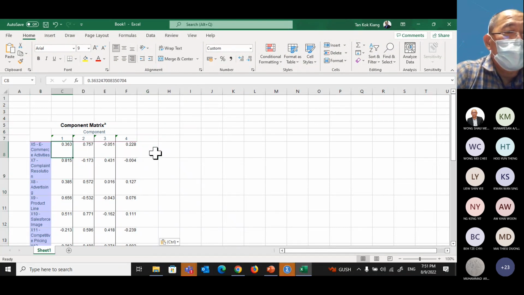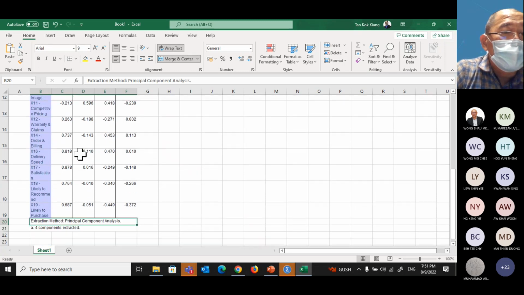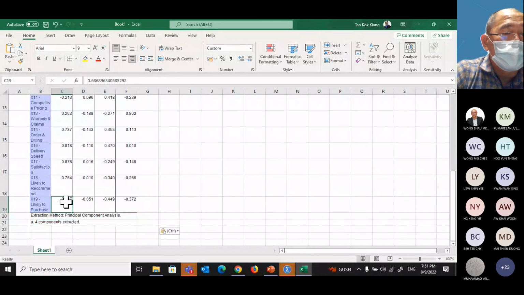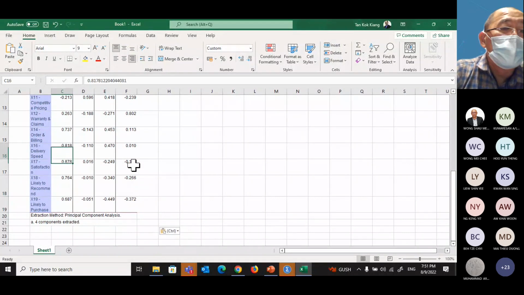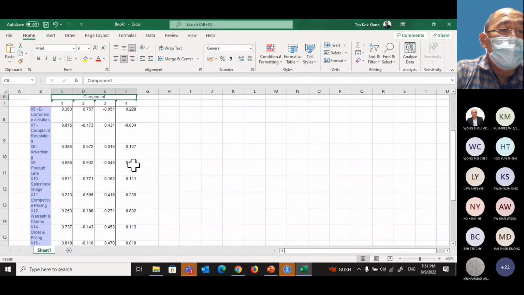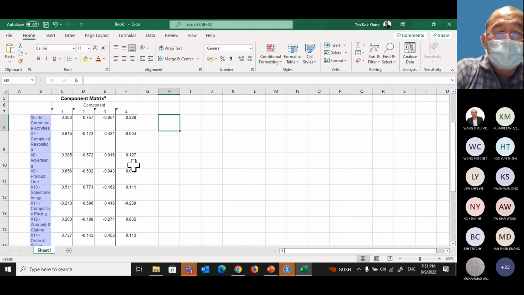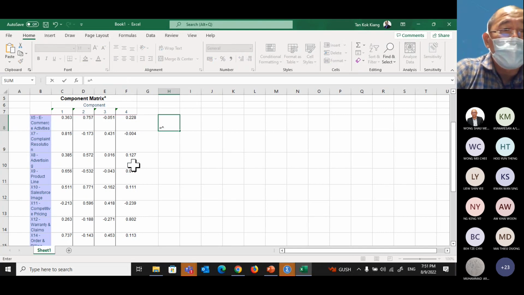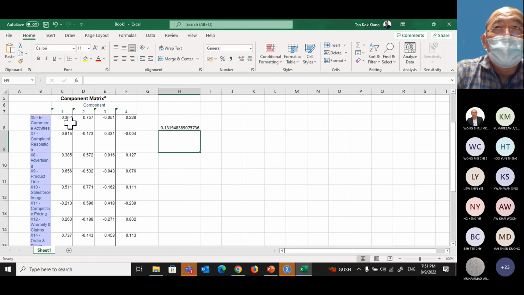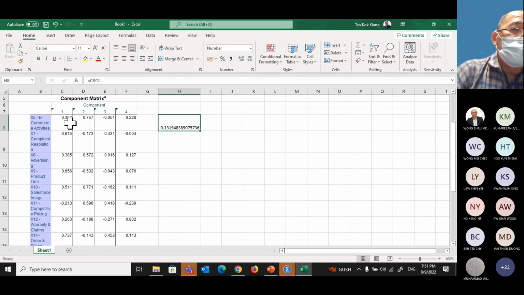So already here. You see, C8 until C19. Of course, the software computed for us, but if you want to know, no problem. We do this power 2. Any question? So 1 here means component 1.